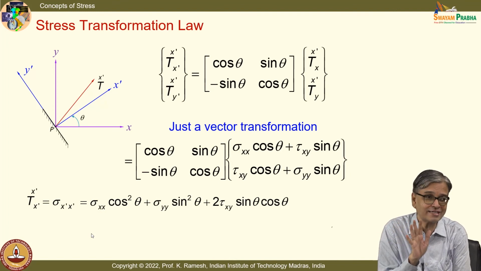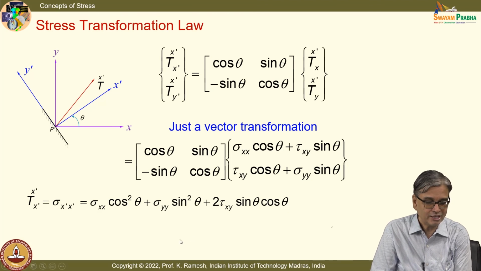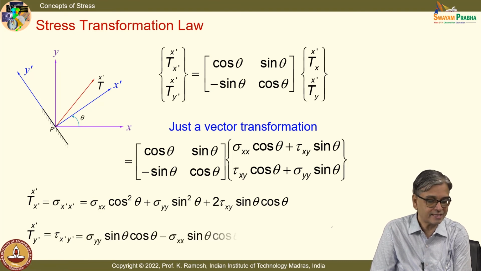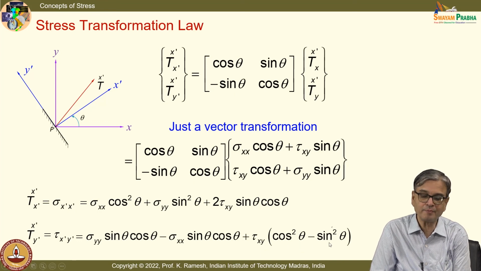Fine. So that subtlety you have to keep in mind. So I can also get Tx prime y prime, that is tau x prime y prime. I get this as sigma yy sin theta cos theta minus sigma xx sin theta cos theta plus tau xy times cos squared theta minus sin squared theta. This can be further simplified.